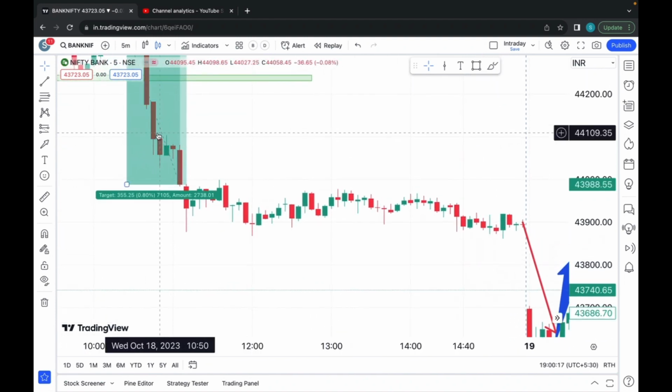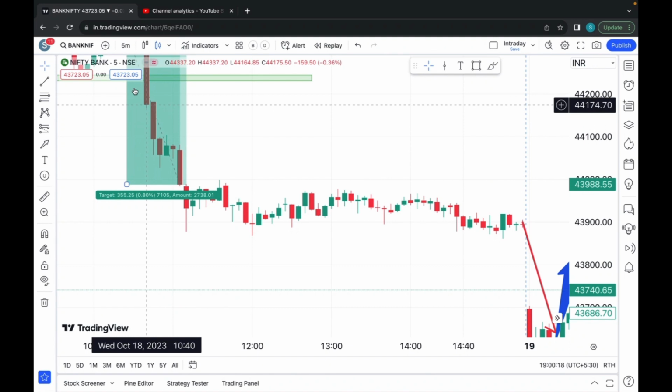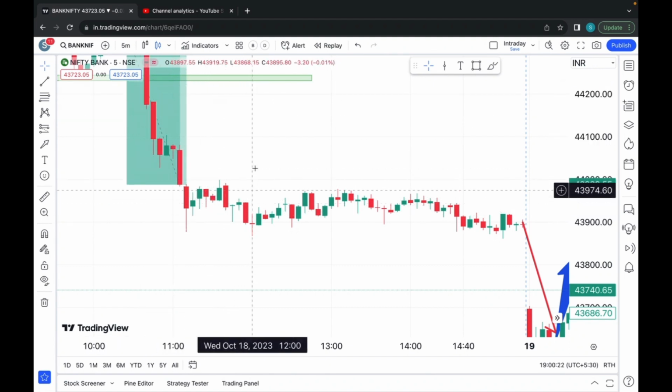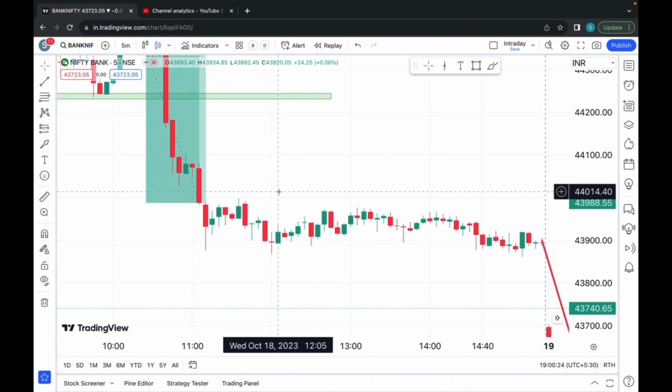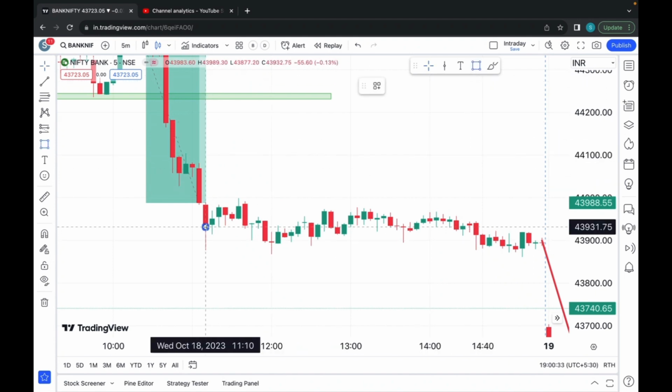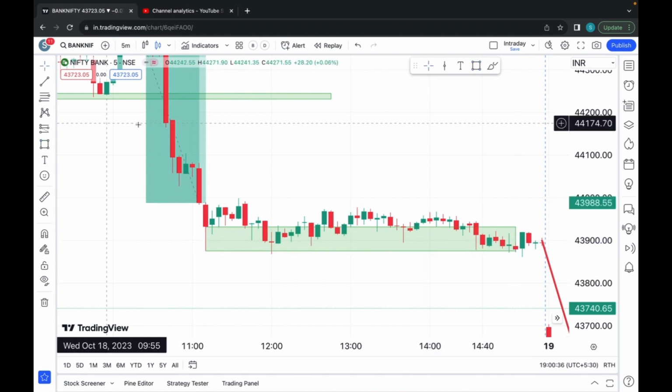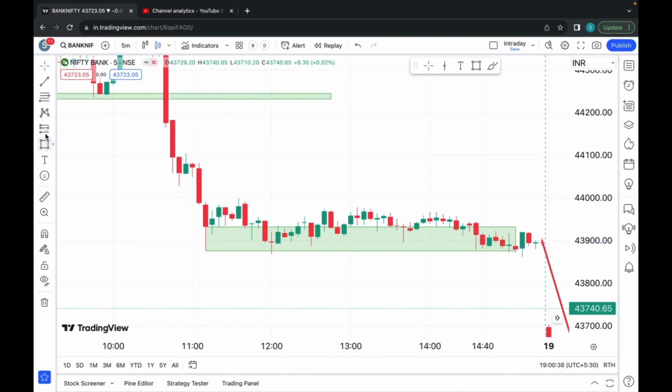So is there any hammer here? Yes, there is a hammer. Let me delete that.